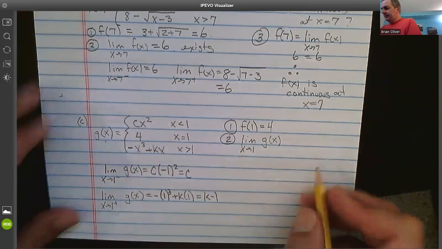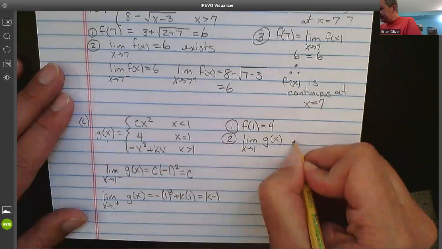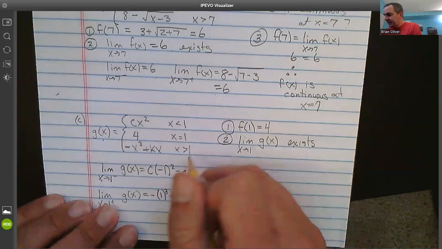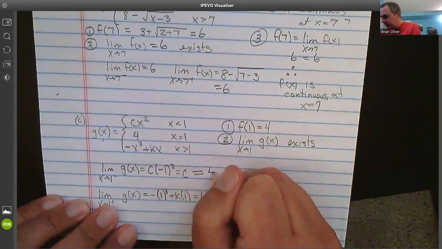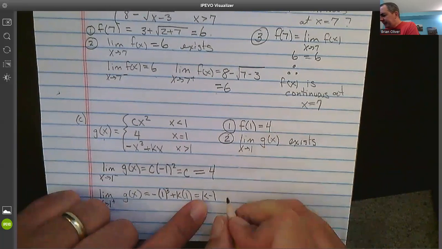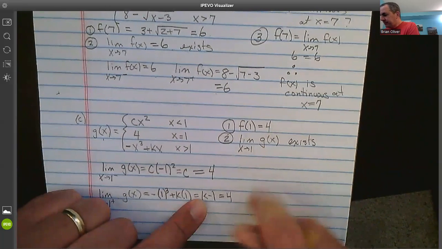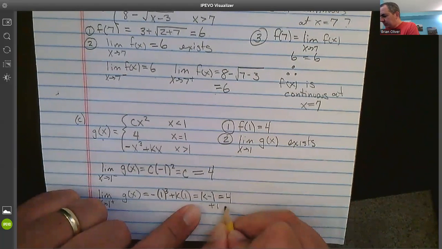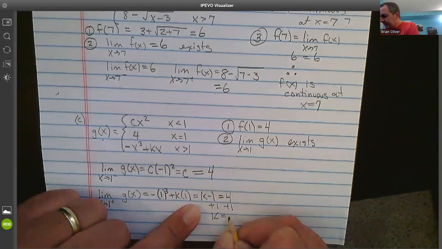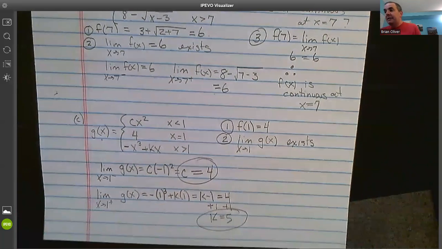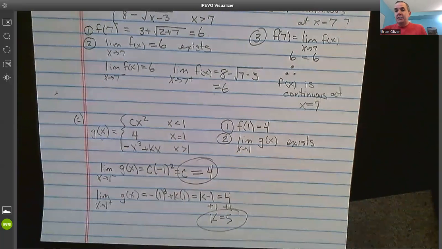And here's the deal. Because the third one says that the two have to equal one another, if c equals 4, this limit is going to equal this side. If k minus 1 equals 4, then the two limits are going to be the same. I solve for k, plus 1 on both sides. K equals 5. So that tells me if c is 4 and k is 5, I've created a continuous function at x equals 1.